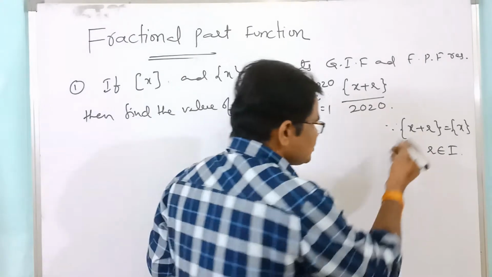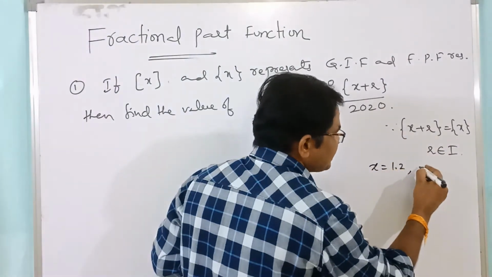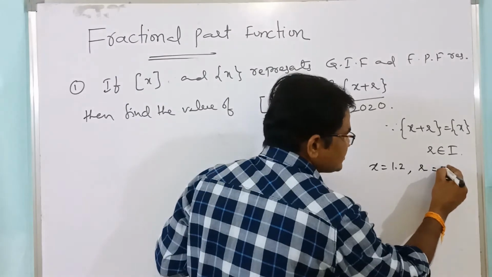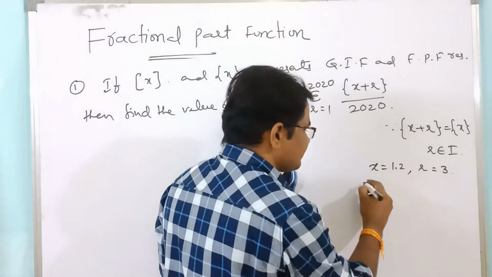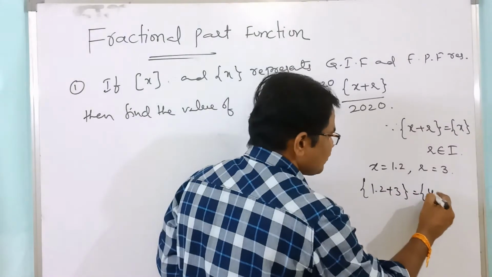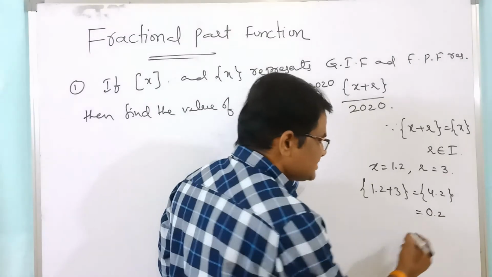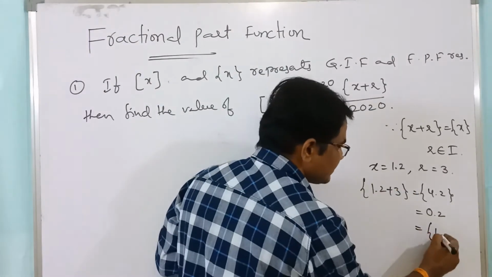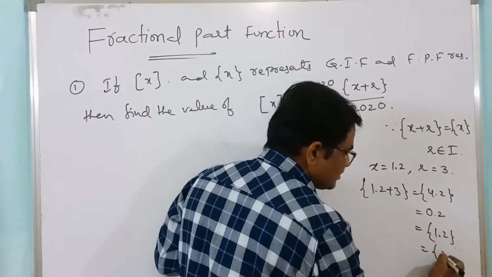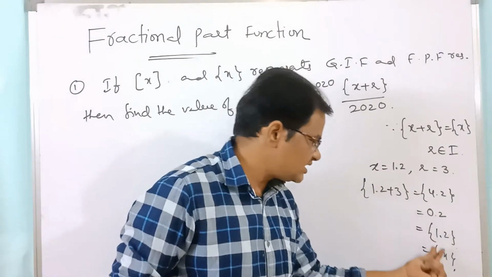Take one example: x equal to 1.2 and r equal to 3. Then x plus r is 4.2, and the fractional part is 0.2, which is nothing but the fractional part of x only.